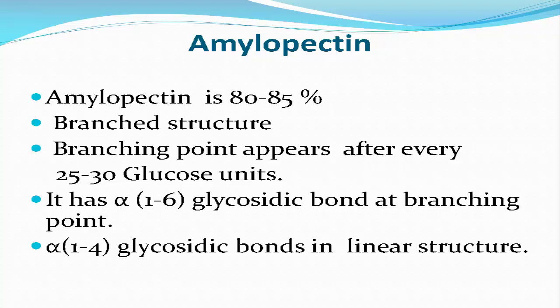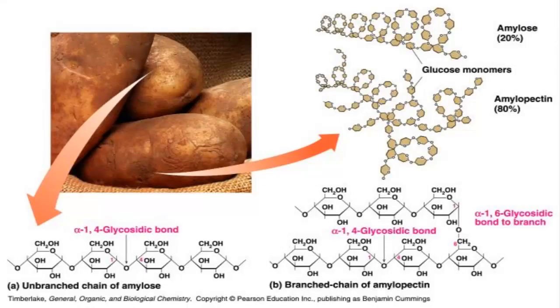In this diagram you can see that there are some straight chains and then there are some branch points, and all the straight chain bonds are alpha 1,4 bonds, whereas the alpha 1,6 bonds are at the branch point, and it is highly branched and a very, very large and big molecule it can be.